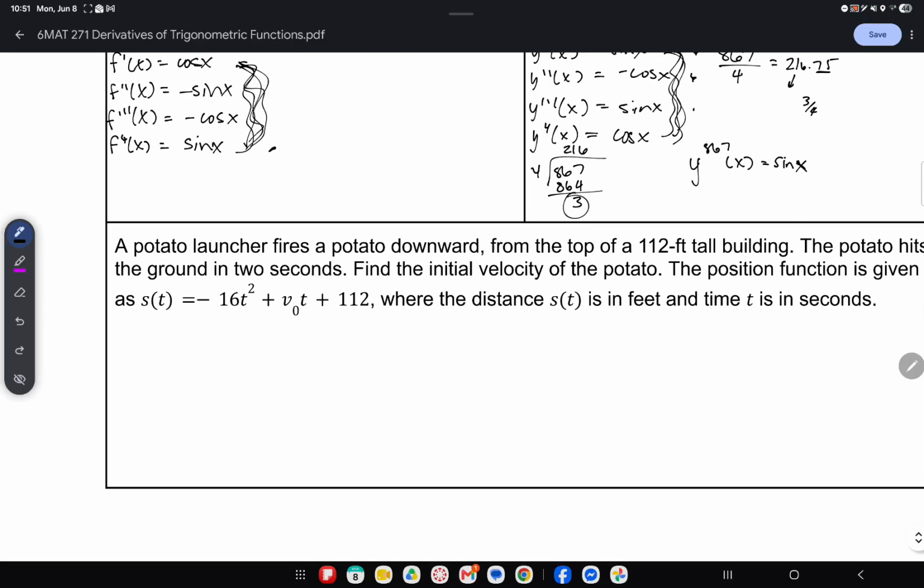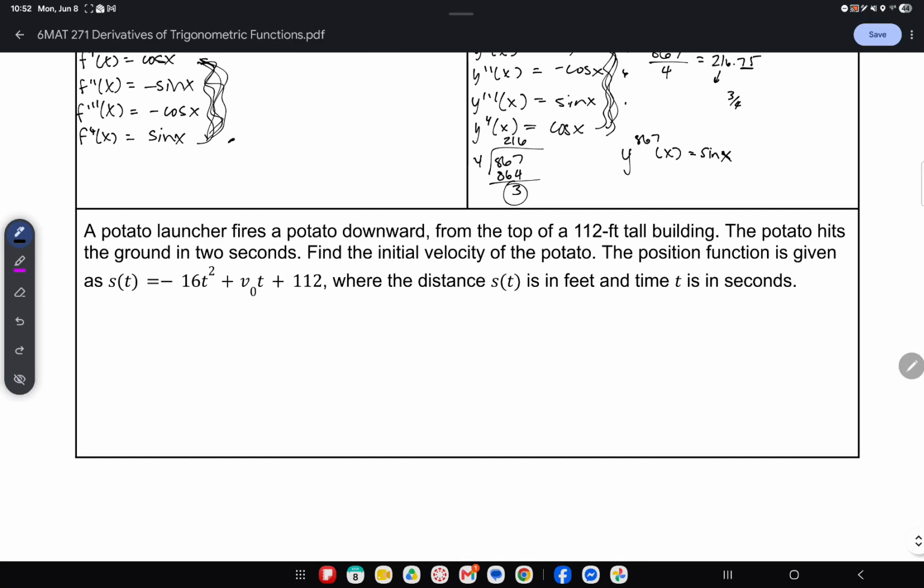All right. A potato launcher fires a potato downward from the top of a 112-foot tall building. The potato hits the ground in 2 seconds. Find the initial velocity of the potato. The position function is given by this function here, where the distance s of t is in feet and time t is in seconds.